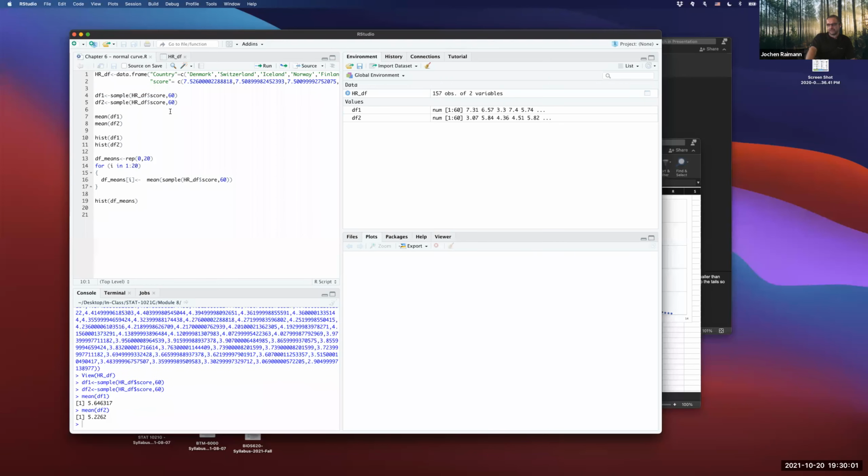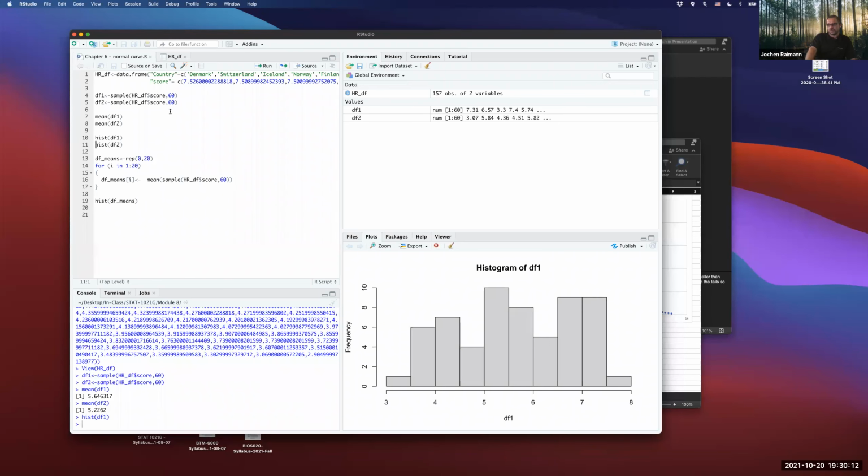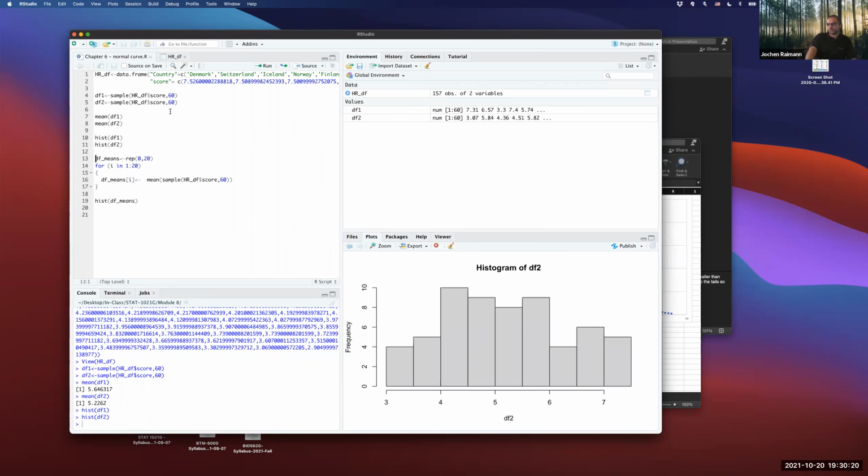I quantify the means, and you see the means are substantially different, right? We have 5.64 and 5.22. If we look at the distribution of the individual scores, this is not a nice normal distribution. This is the distribution of the second data frame, also not a nice normal distribution.